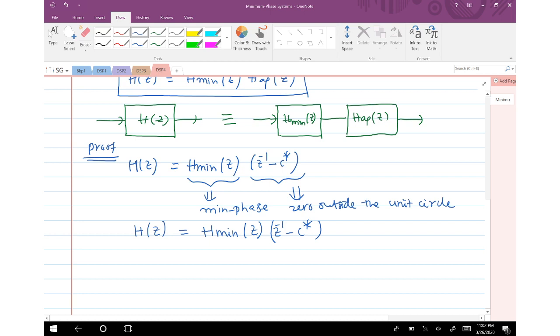This is outside the unit circle, so another inside the unit circle but having the same magnitude response. We already discussed it in the previous lecture. That would be equivalent to (1 - c z^-1), which would have the same magnitude response as here, but it will have a mirror zero inside. So let's multiply and divide it so that it results in the same value here.